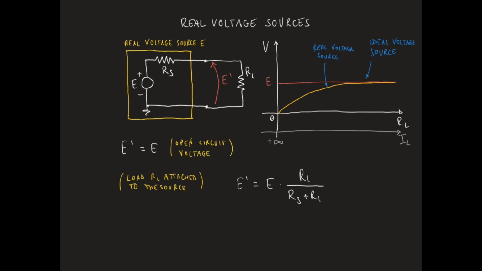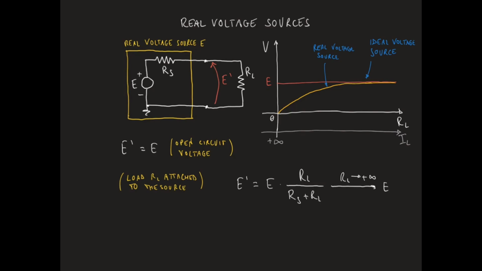Of course, here, if RL goes to infinity, we get back to the open circuit case, and the voltage E prime becomes equal to E, the voltage provided by the ideal voltage source.